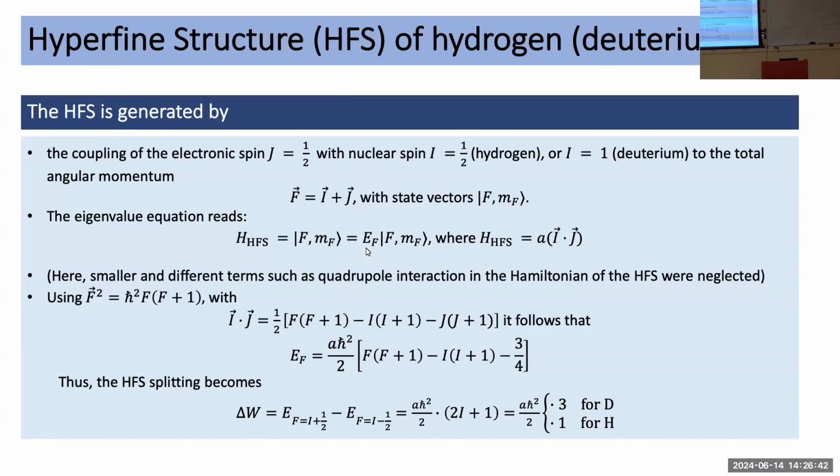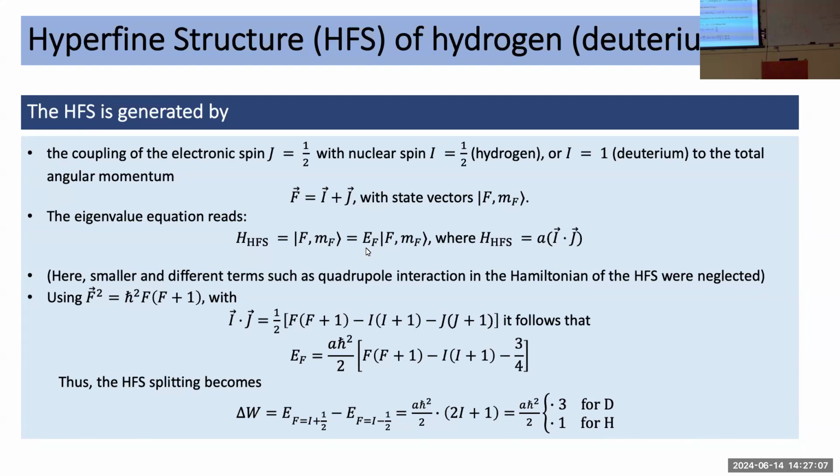Now, the hyperfine structure of hydrogen and deuterium, that I'd like to now discuss a bit. What I do in the following basically applies to an electron spin of 1/2 with a nuclear spin 1 or 1/2 for deuterium and hydrogen. You can write down the angular momentum state vectors like F and m_F. This is total angular momentum.